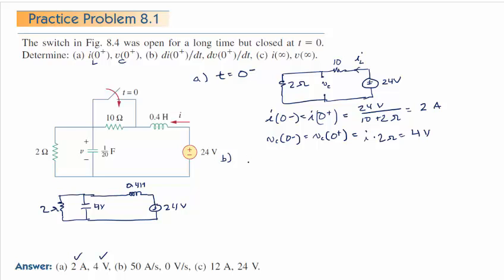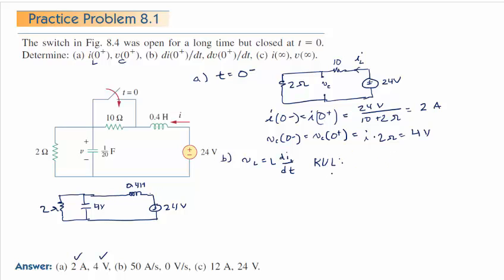Then we need to find the rates of change. So first of all, remember that voltage in the inductor right here equals L di dt, and we want to find that di dt. We can do that just by application of Kirchhoff's voltage law in this loop because we have known voltages. So we'll apply KVL.